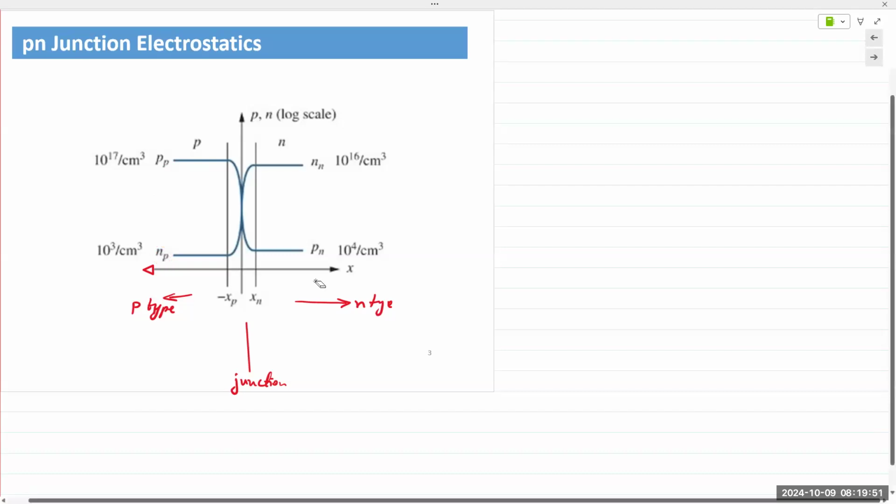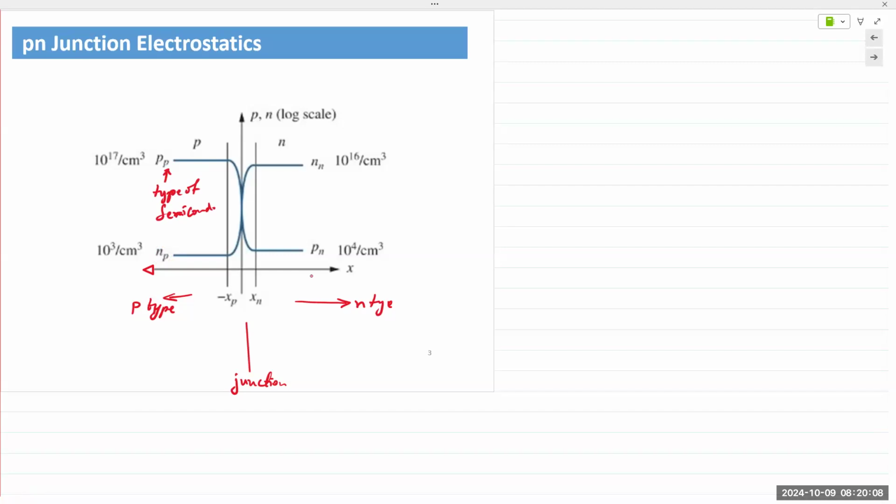The subscript indicates the type of the semiconductor. So Pp indicates the number of holes in the P-type semiconductor, and Np indicates the number of electrons in the P-type semiconductor.